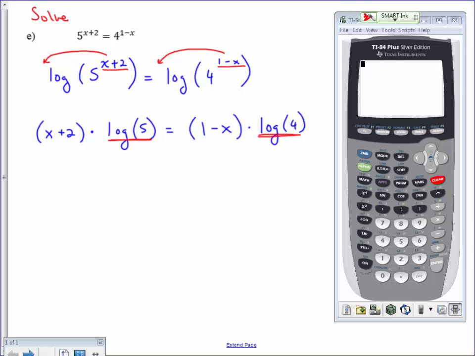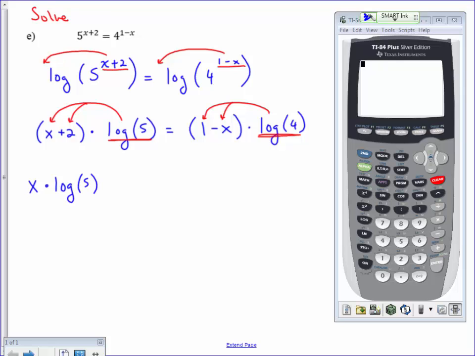The multiplication that needs to occur is that these two logs need to be distributed to the two terms that are in parentheses in front. We have to be careful about how we write this. We can't physically multiply x times the log, so we have to write it simply x times log of 5.